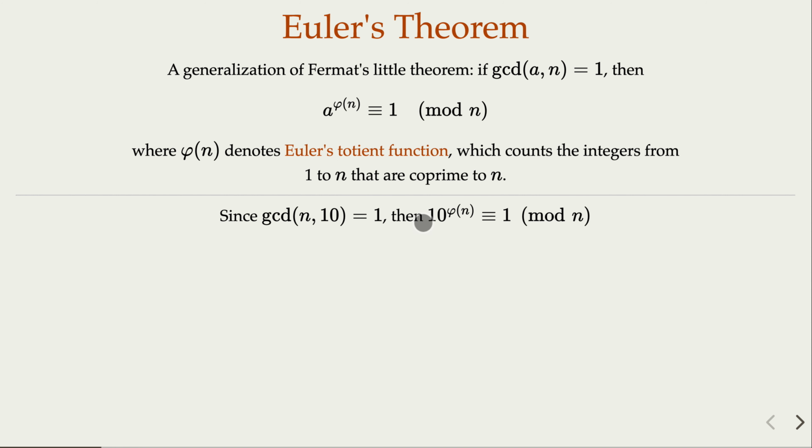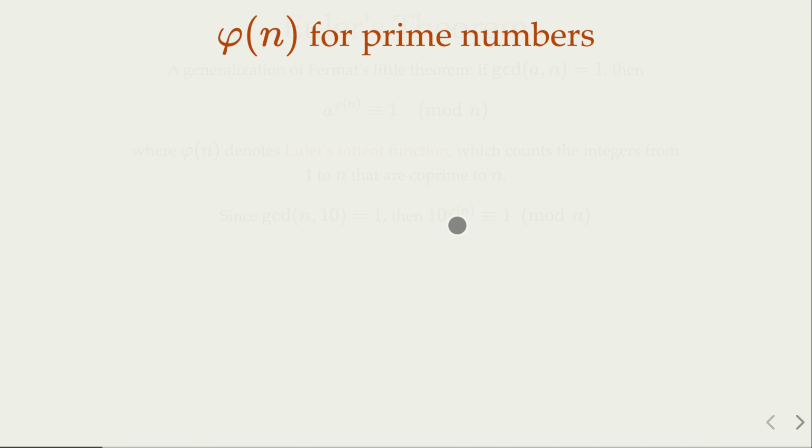We're looking for 10 raised to the k-th power congruent to 1. But we know for sure that 10 raised to phi of n is, according to Euler's theorem, congruent to 1. So let's start with some examples of phi of n.